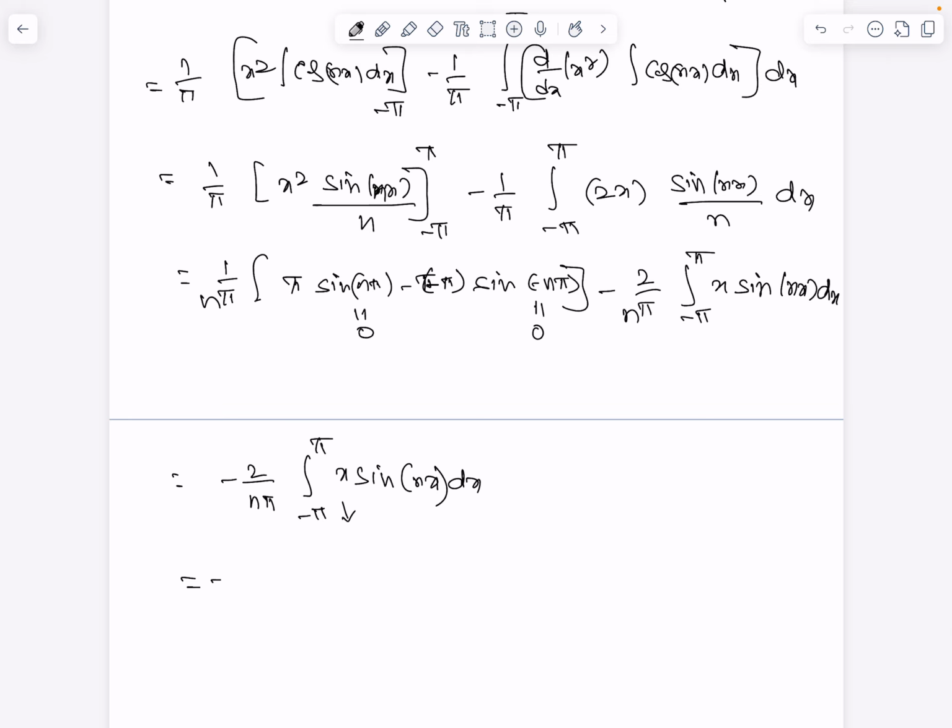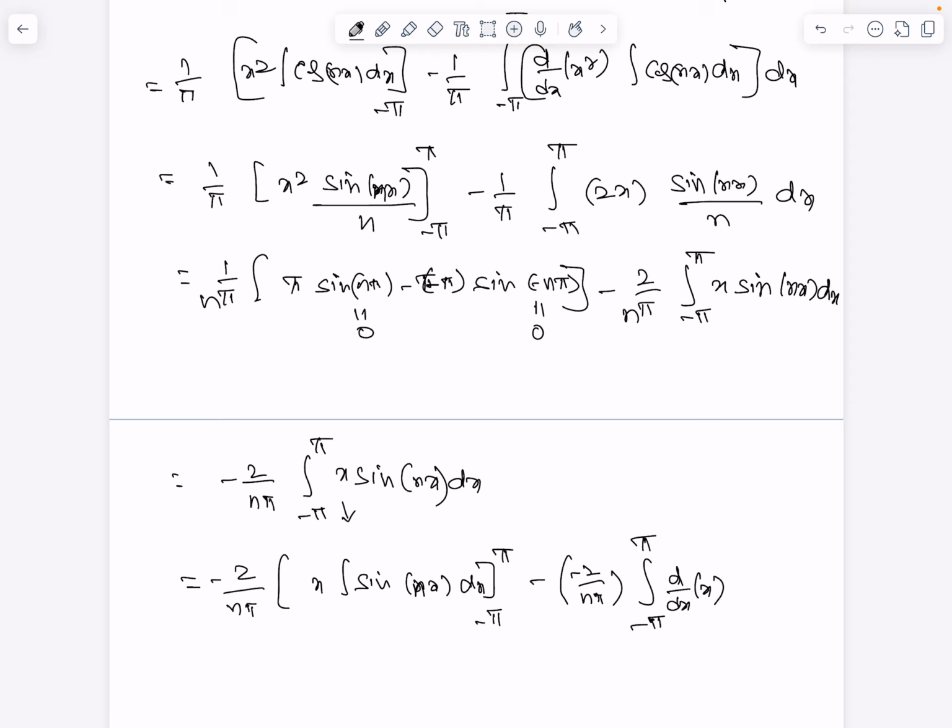Therefore, I am writing this as minus 2 by n pi, and if you expand, x into integration of sin nx dx from minus pi to pi, minus 2 by n pi, integration from minus pi to pi of the derivative of x, since we have left the x without doing anything, now we are applying the derivative, times integration of sin nx dx, into dx.